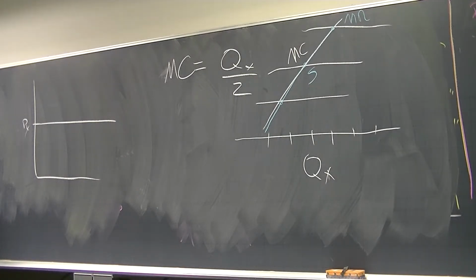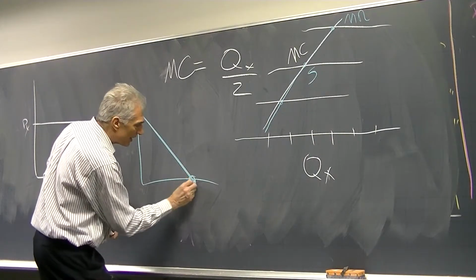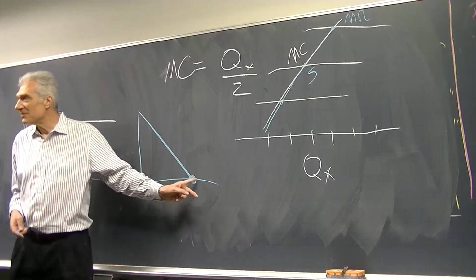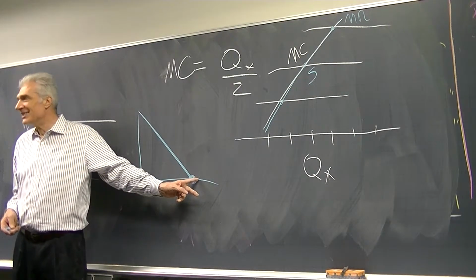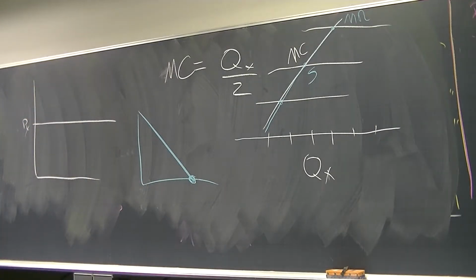Then firms are going to enter the market until you're at that point on the demand curve. Since everybody's marginal cost is 0, if you make that assumption, then the price must be 0. And what's your revenue? 0. So it's not a very interesting problem.